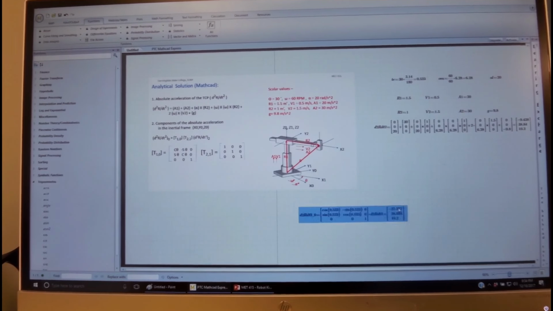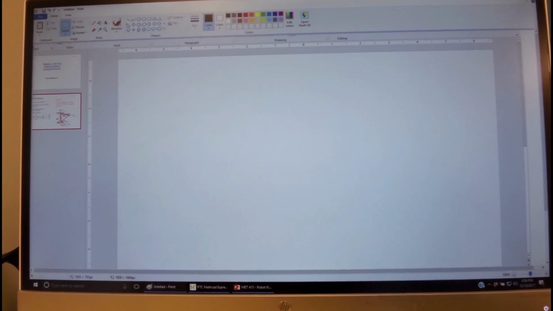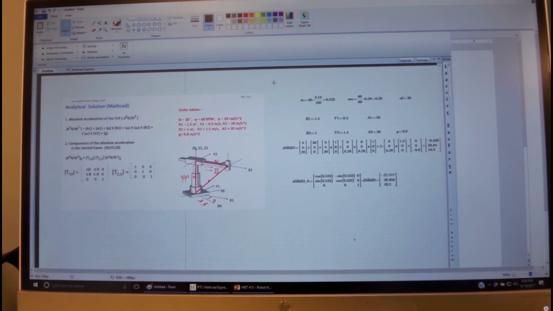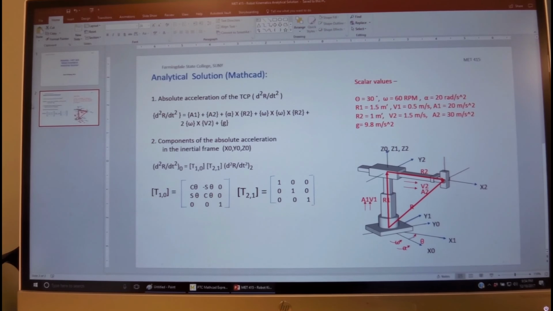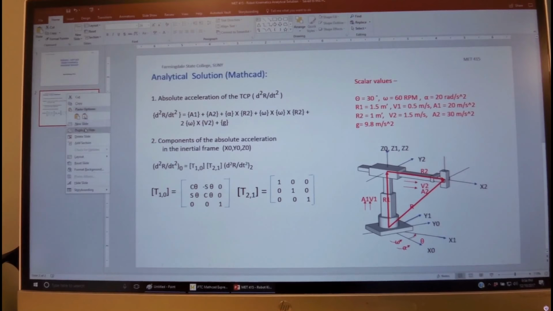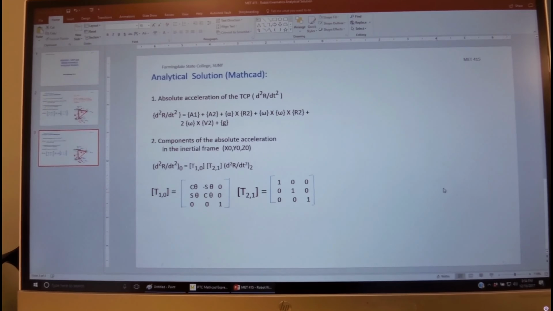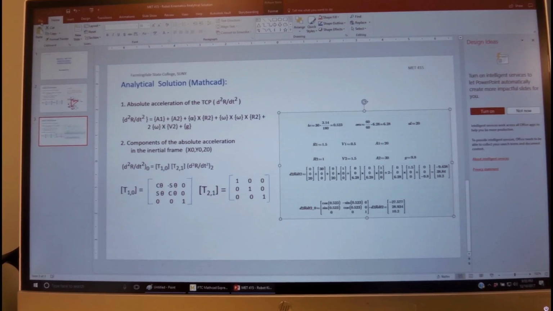We can also just bring this over here, print screen it, go over here to Paint, copy it, go back to our presentation, do over here duplicate of slide, remove this, paste it, and then we can save it.